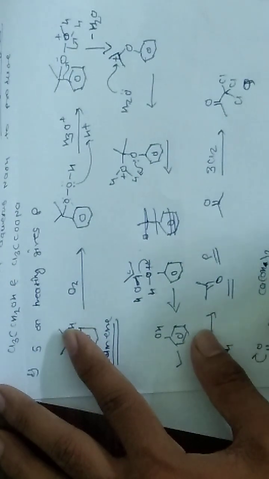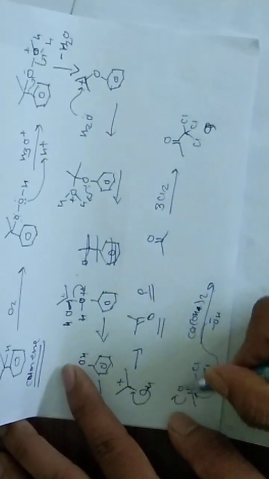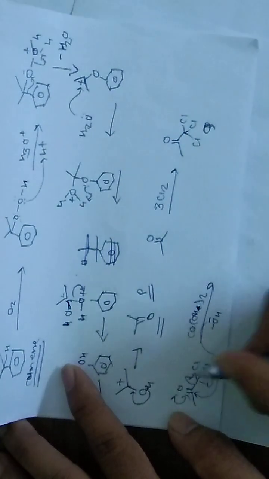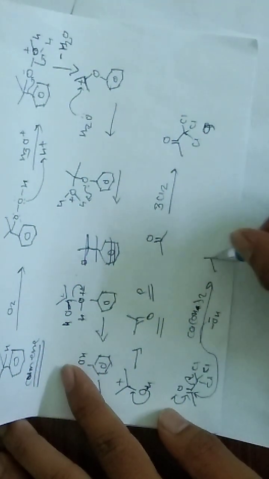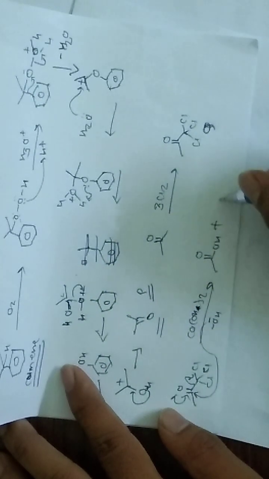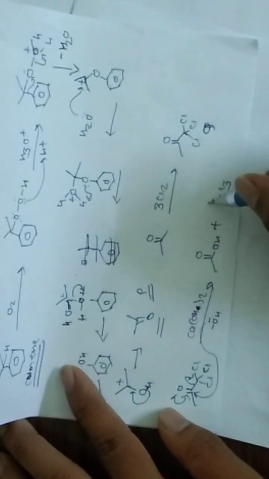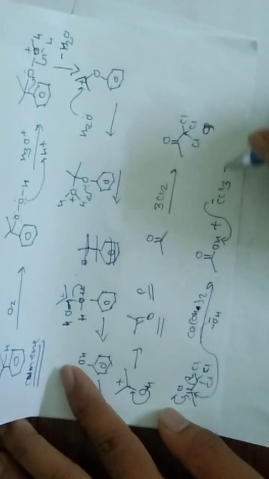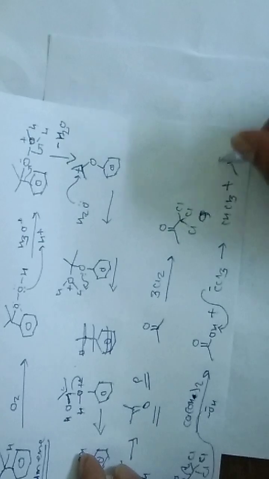So this bond opens, comes back, and this group will leave. So here CH3COOH plus CCl3-. Here this is the acidic proton, so CCl3- will take that acidic proton, and CHCl3 is formed plus that O-.